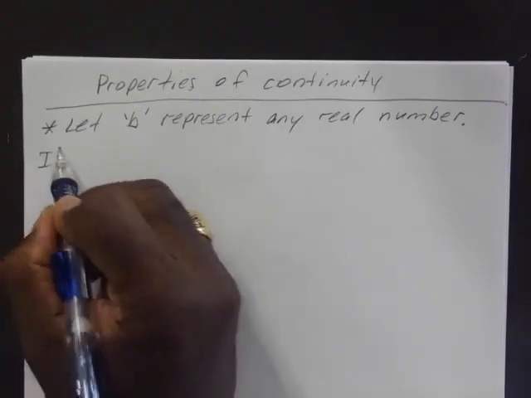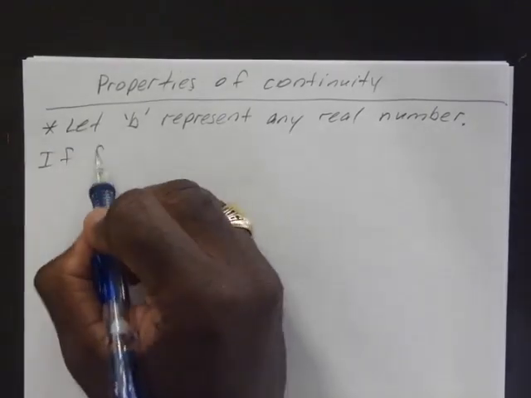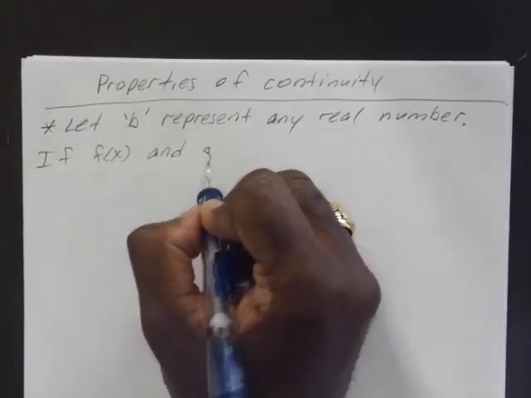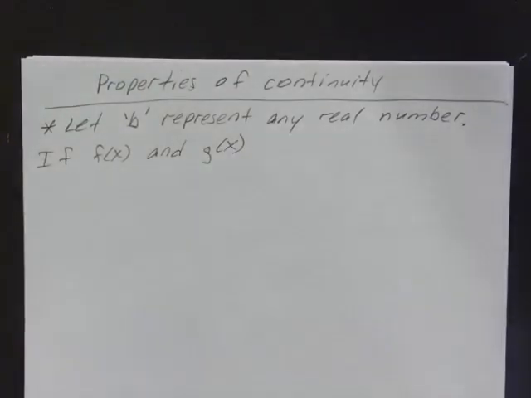Let's assume we have two functions, f of x and g of x, and we know that those two functions are continuous at some value x equals c.